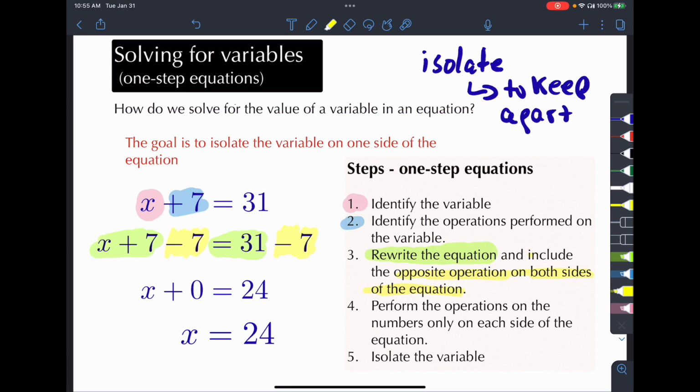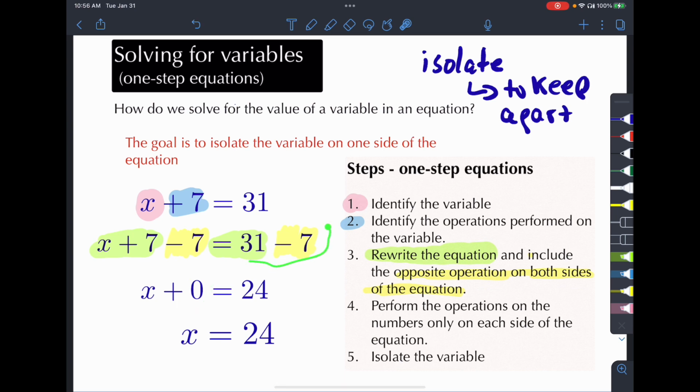Okay, step 4. Perform the operations on the numbers only on each side of the equation. So let's only look at the numbers. On this side, these are the only numbers. We have 7 minus 7. 7 minus 7 is 0.